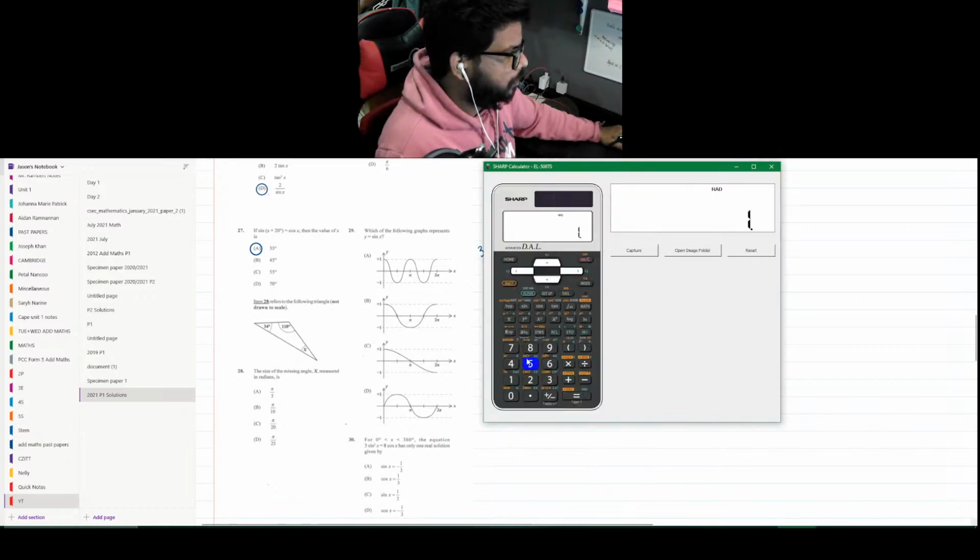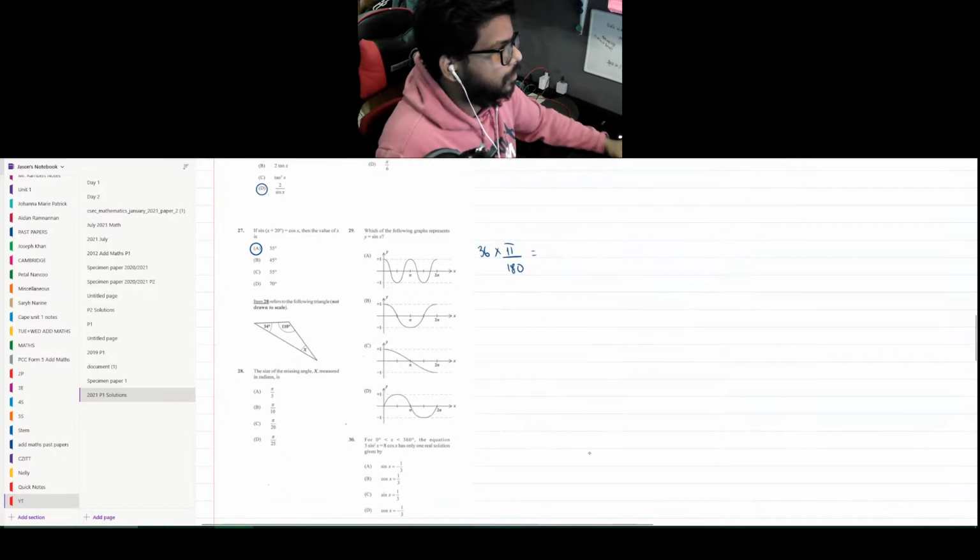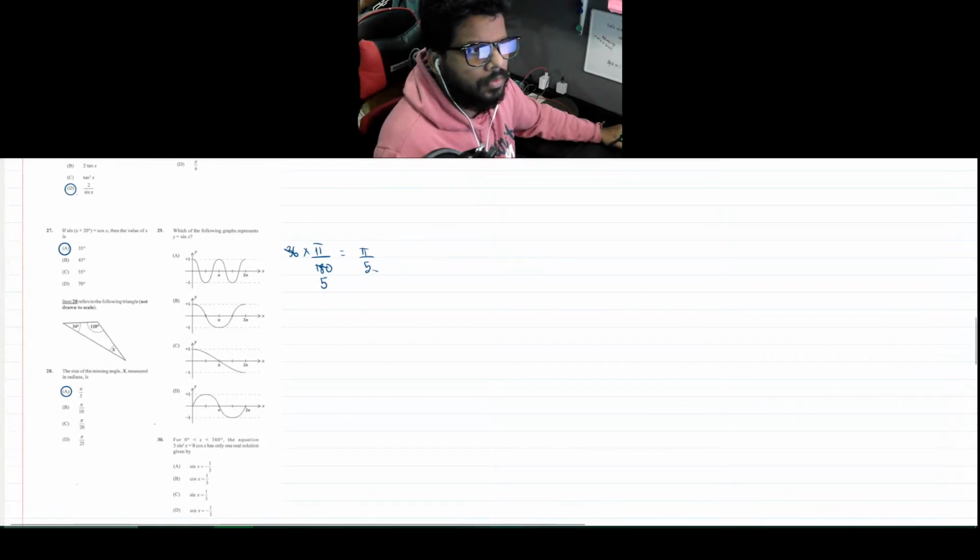I can see 180 divided by 36 is 5. So I know this goes in 5 times, and we get pi on 5. A. Now, don't worry about me dividing, I just want to know how many times 36 goes into 180. Nice one.